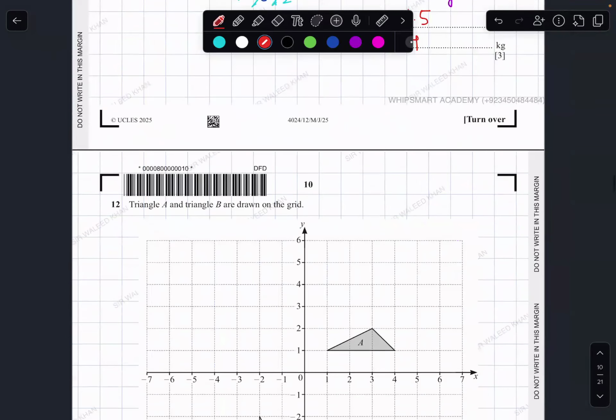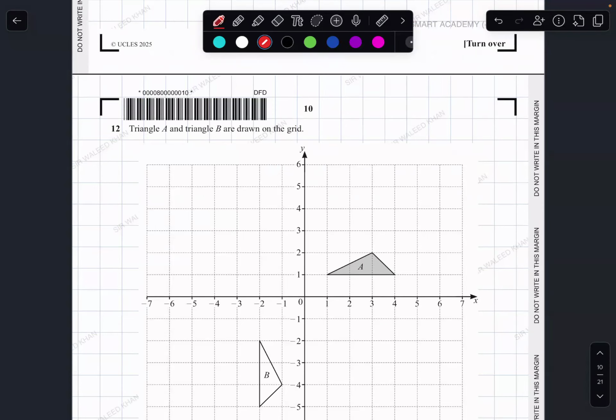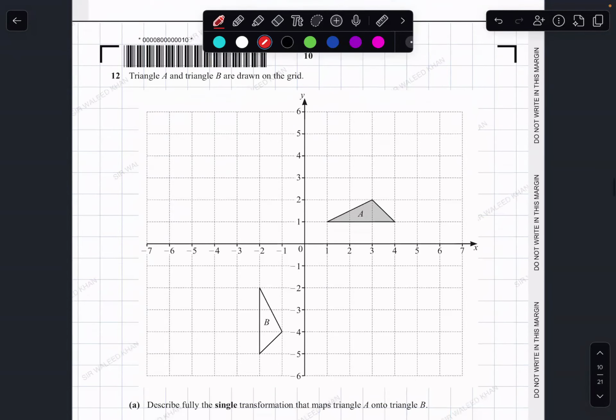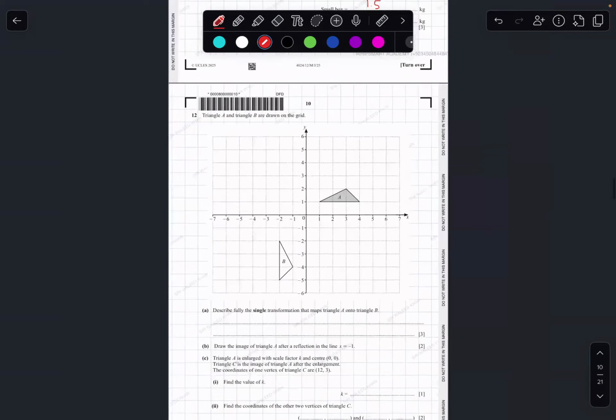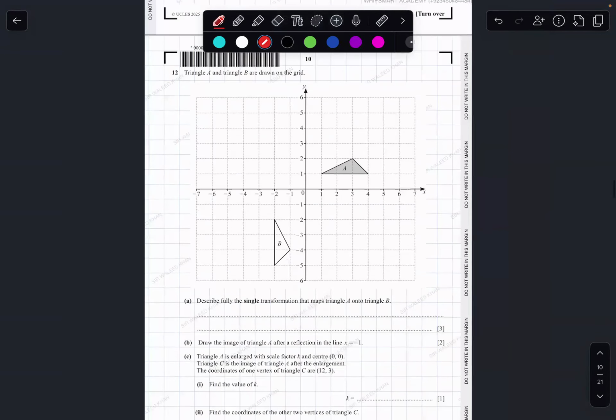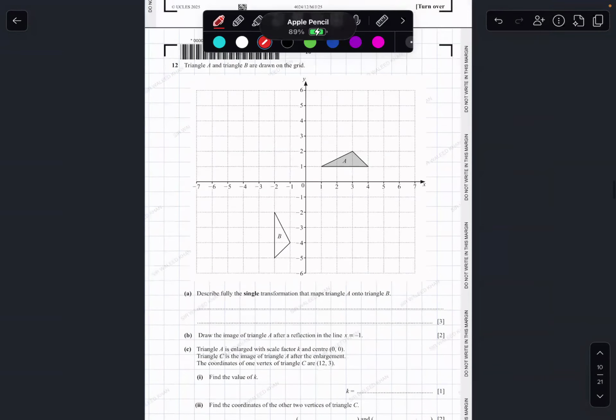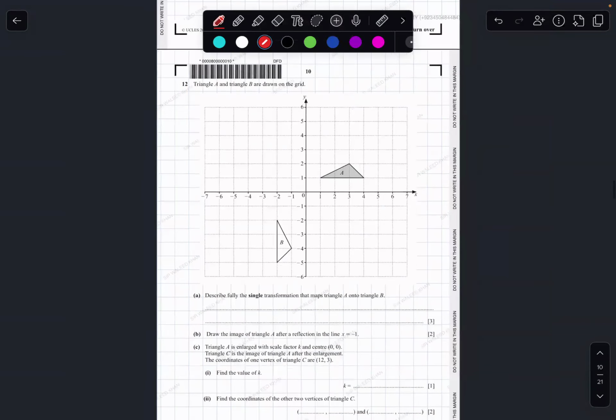Next, question number 12. Now this is related to transformation. Should I give you a minute? Not a minute, but 4 minutes to solve it, because I want you to test your knowledge. Yes? Which are you done?